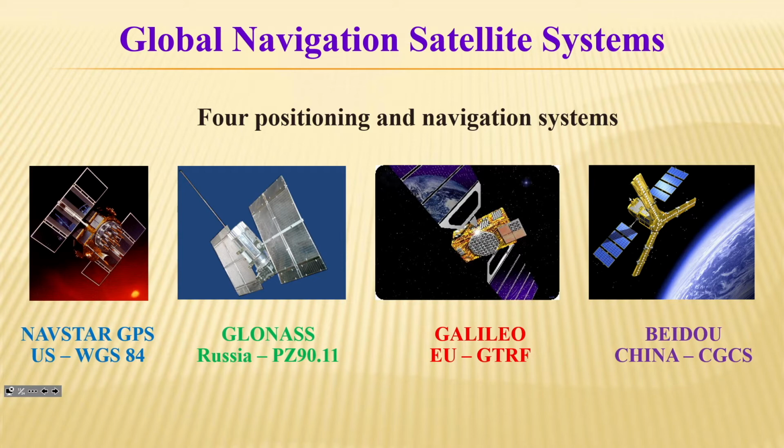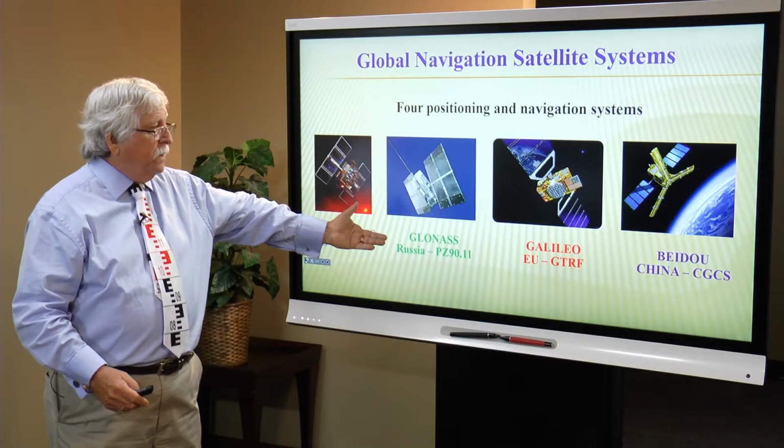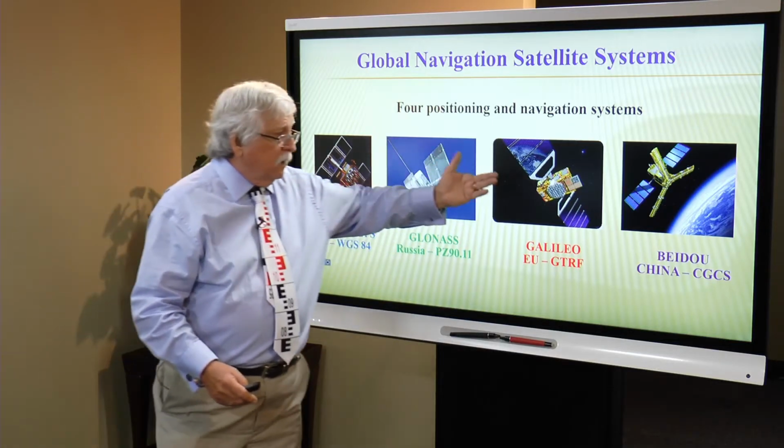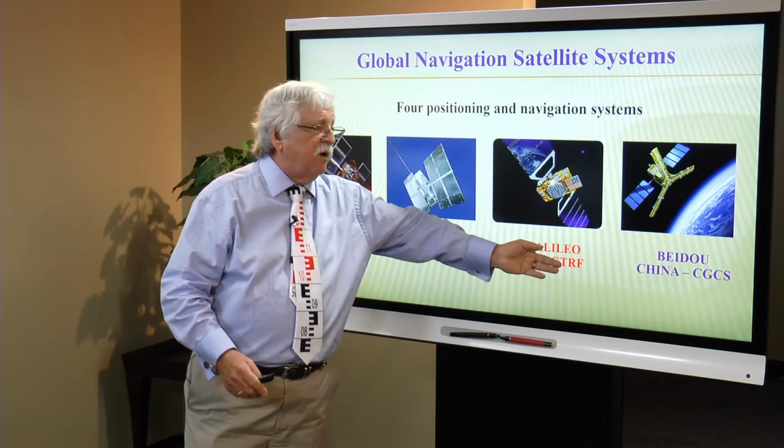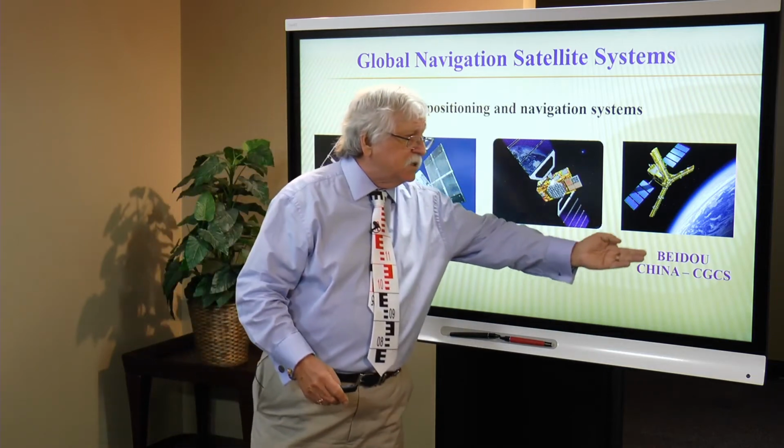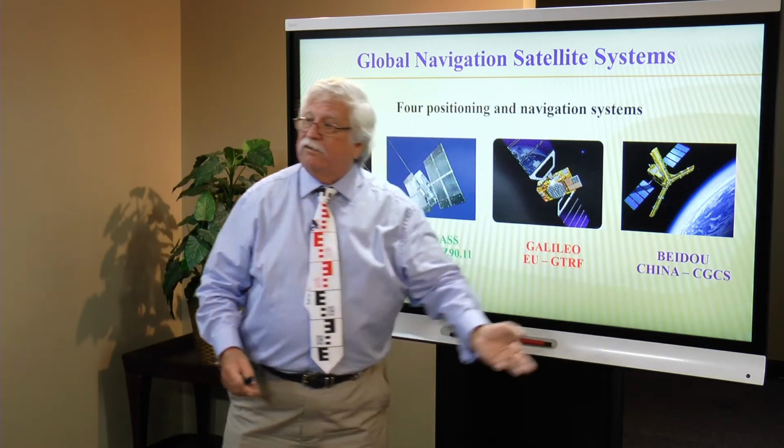Each one of those systems operates in their own coordinate framework. So WGS84 is unique to the US Navstar Global Positioning System. If you go to the Russians, their system is called PZ90. You go to Galileo, it's the Galileo Terrestrial Reference Frame. You go to the Chinese, it's the Chinese Geodetic Reference Frame.